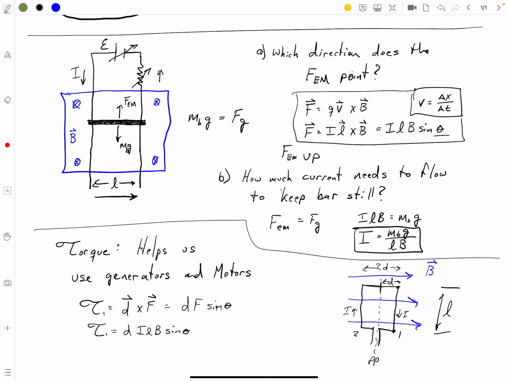So in order to do both of them, the total torque is equal to torque 1 plus torque 2. And that's obviously 2 d I L B sine theta.